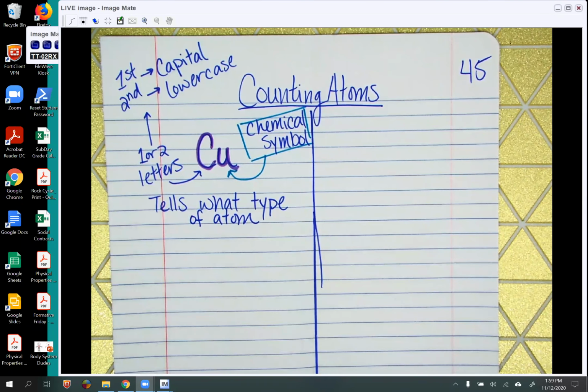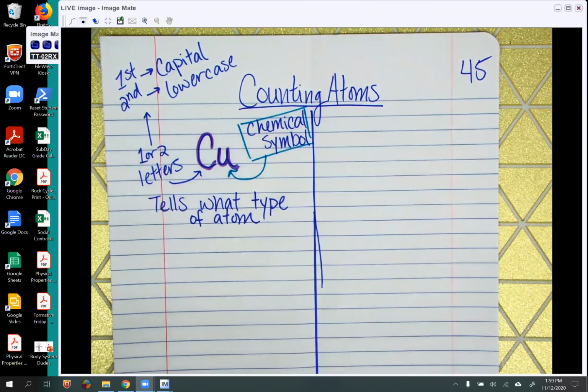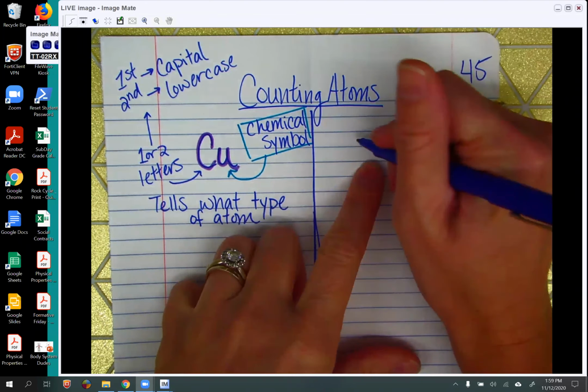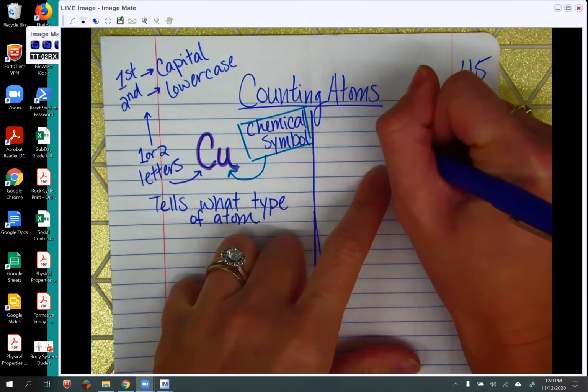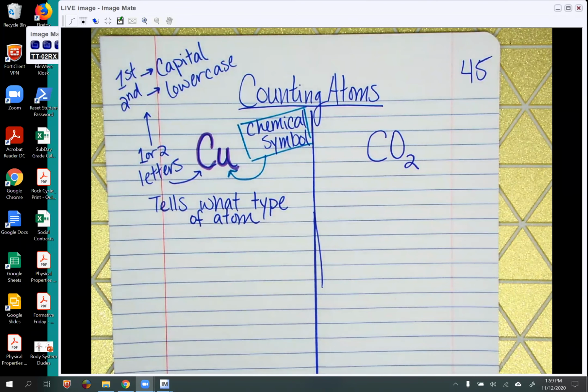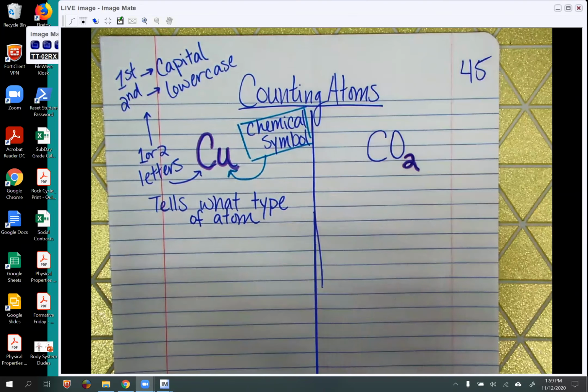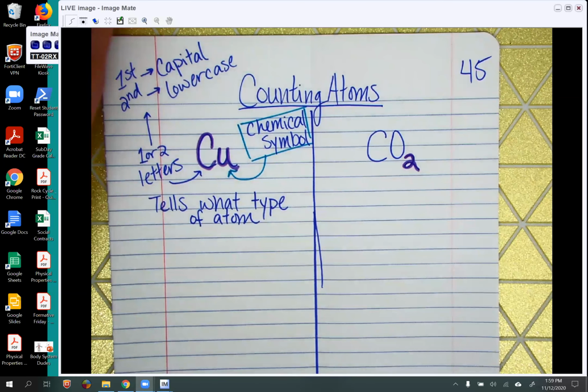The second thing you're looking for when you're trying to figure out how many atoms there are is the number beside the chemical symbol to tell you how many. So for this example, CO2, the number here, that 2, is the subscript.